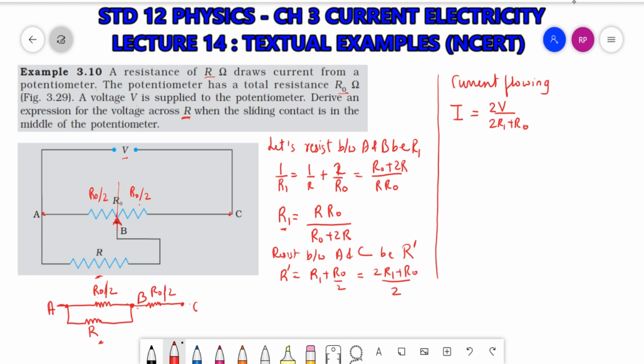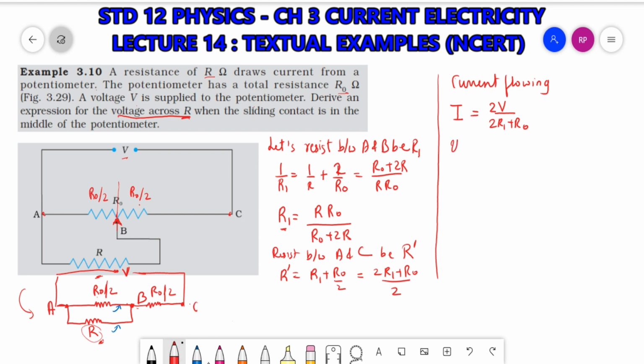Okay. Now we need to find out the voltage across R. The question is to find out the voltage across R. So if I see in this simplified figure, it's like this. Now I want the voltage across R. This lower arm R and this one, both are parallel. So the voltage across both will be the same, and that will be equal to the equivalent voltage between A and B. So I will use the formula V equal to IR.